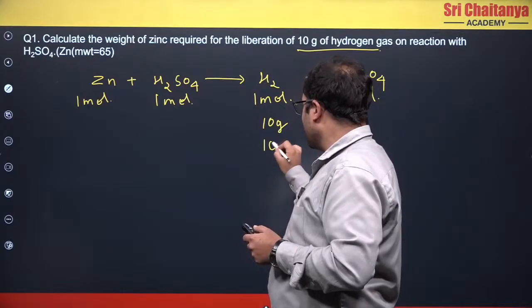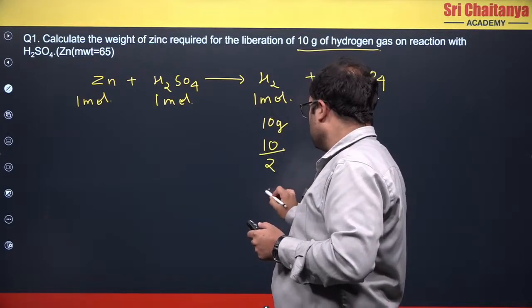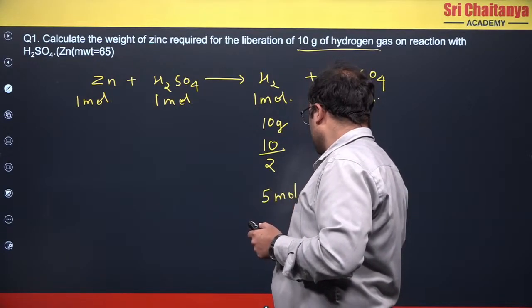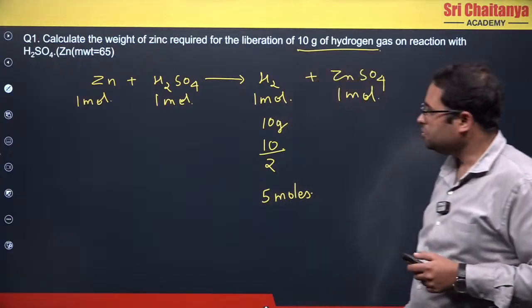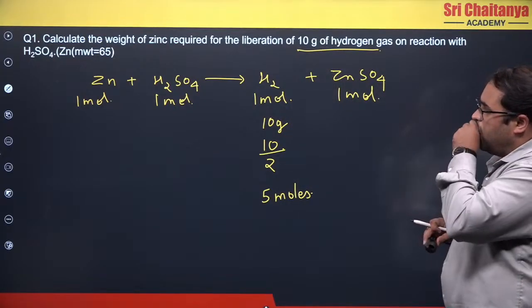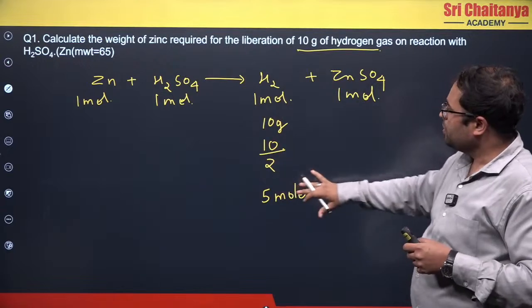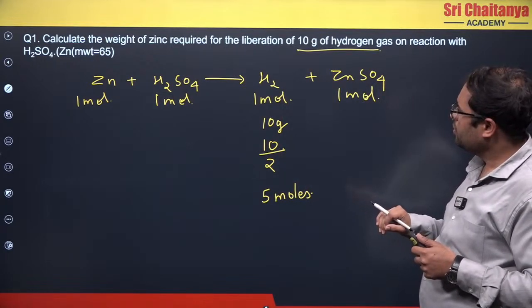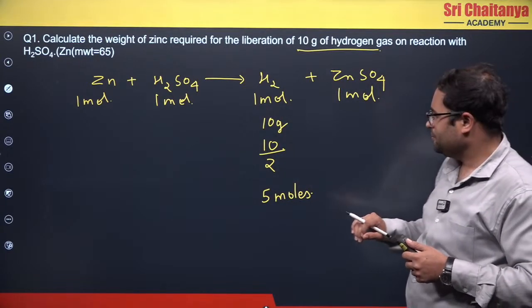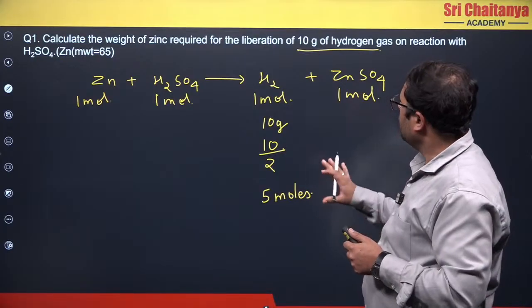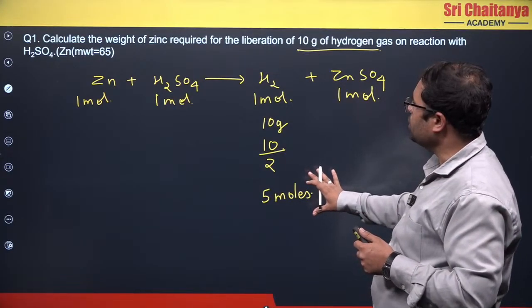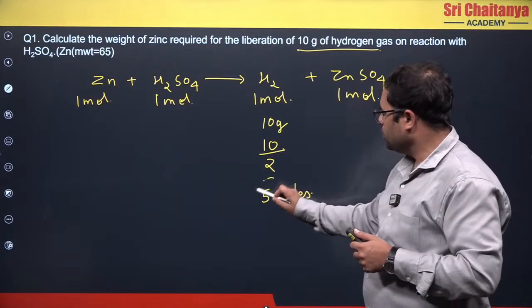The moles will be 10 divided by 2, it will be 5 moles, right? So this much amount of hydrogen is produced.